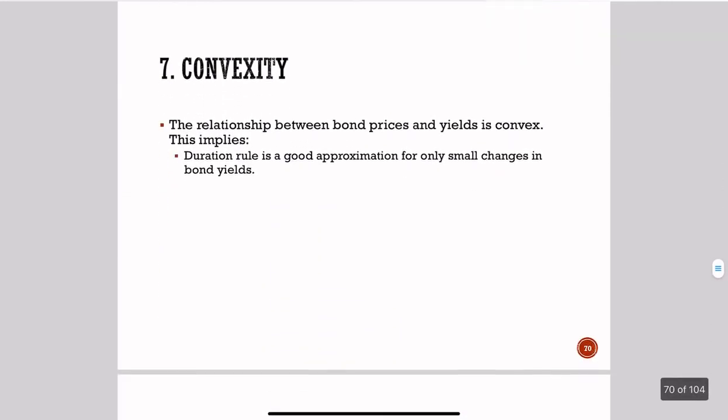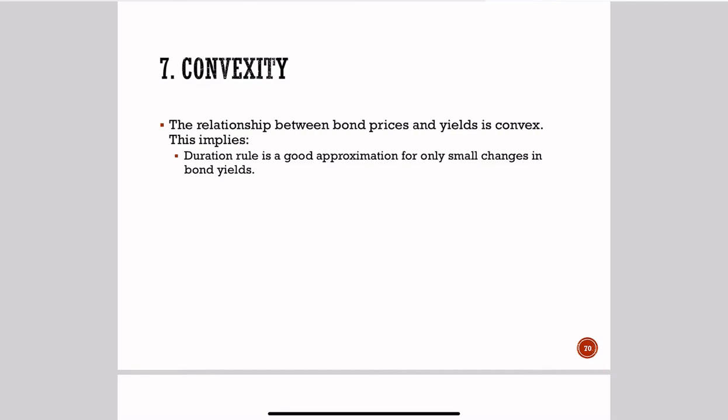Okay, now let's talk about convexity. Convexity is a more advanced concept, which is also related to how bond price changes with interest rate change. So first, you should be familiar with convexity, right?